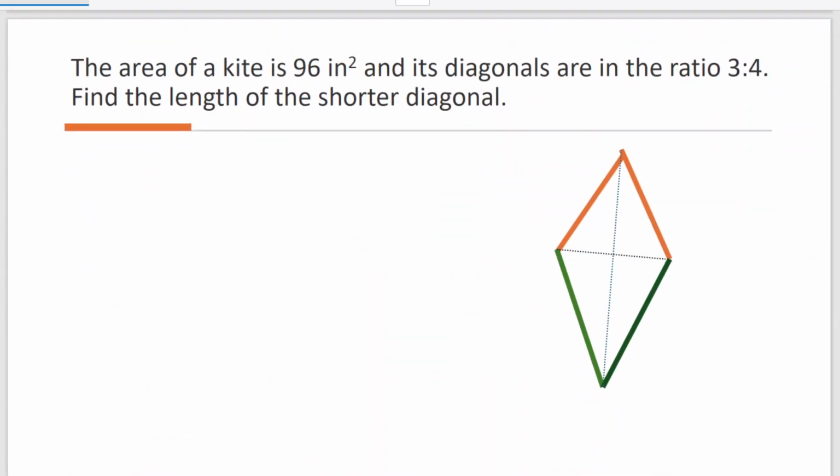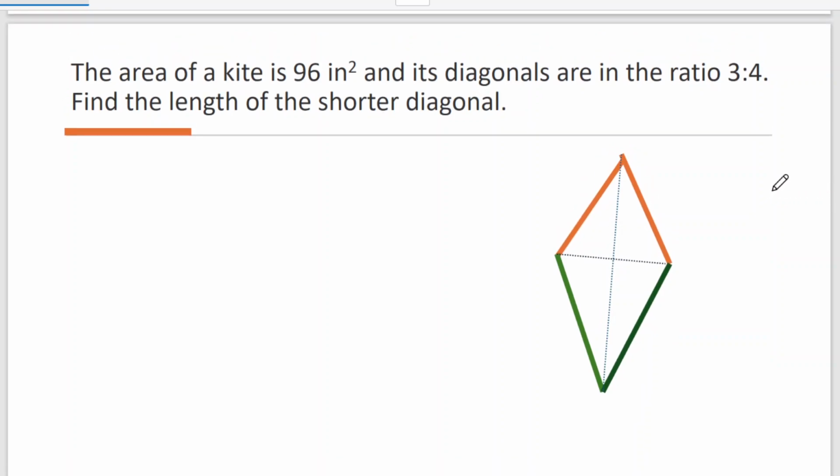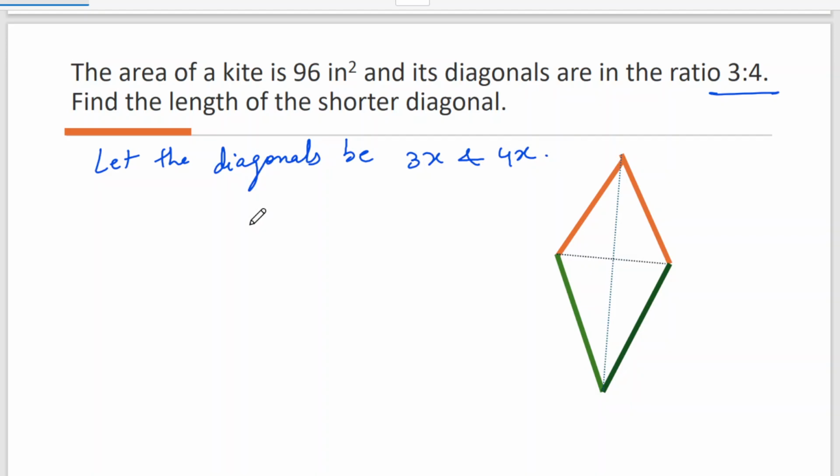Next, the area of a kite is 96 inches square and its diagonals are in the ratio 3 is to 4. So let the lengths of the diagonals be 3x and 4x.